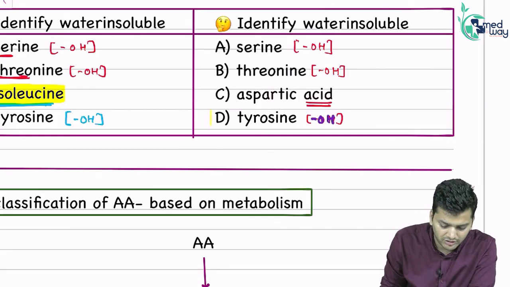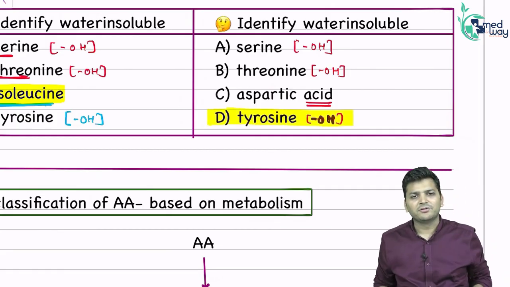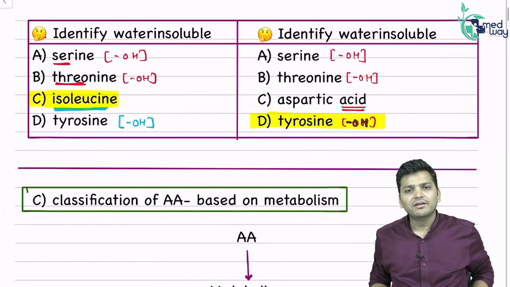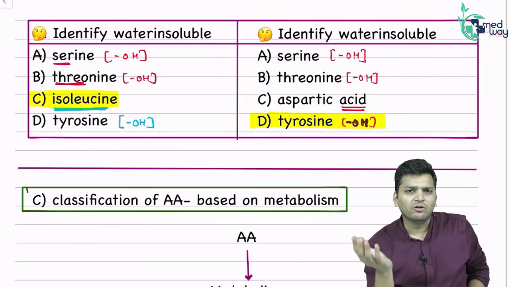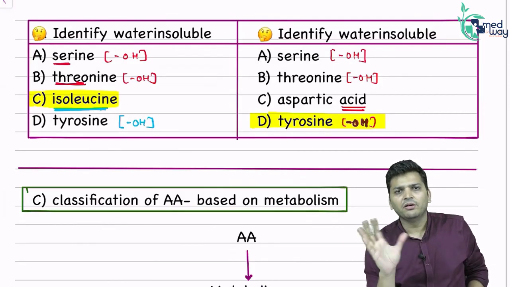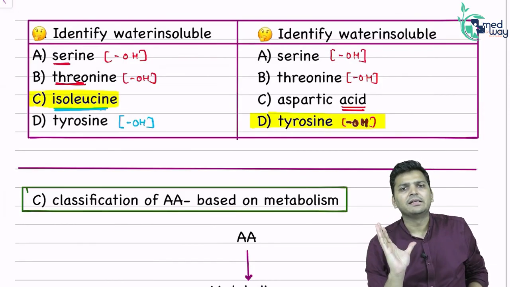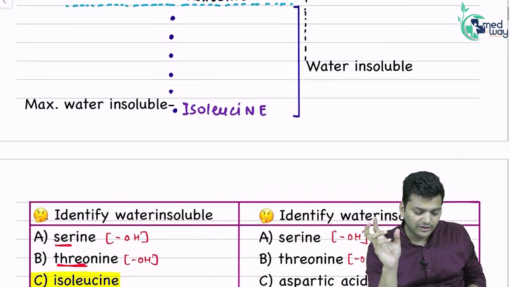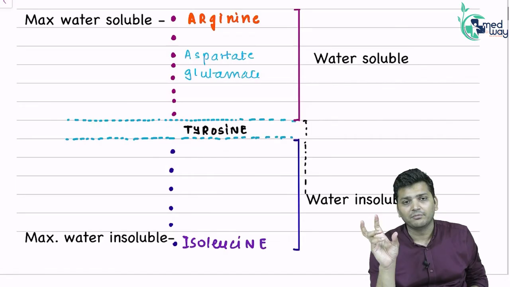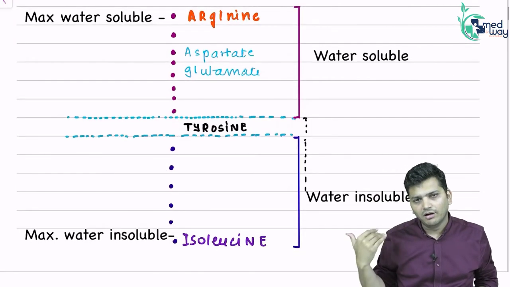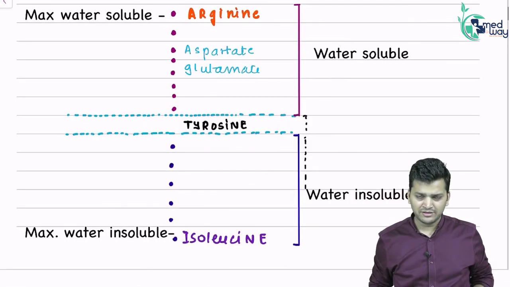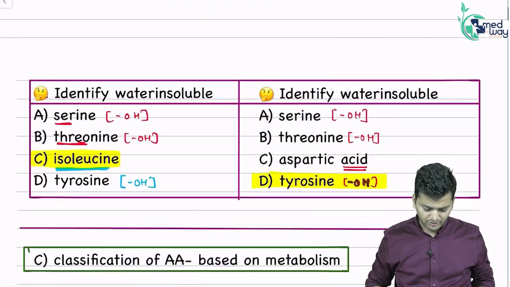Tyrosine is somewhere in the gray area. Whether to say it is water soluble or not, we will see based on the other options. So that is one kind of MCQ that can be framed from this spectrum. You have to keep that in mind, and based on that, you will answer such MCQs.